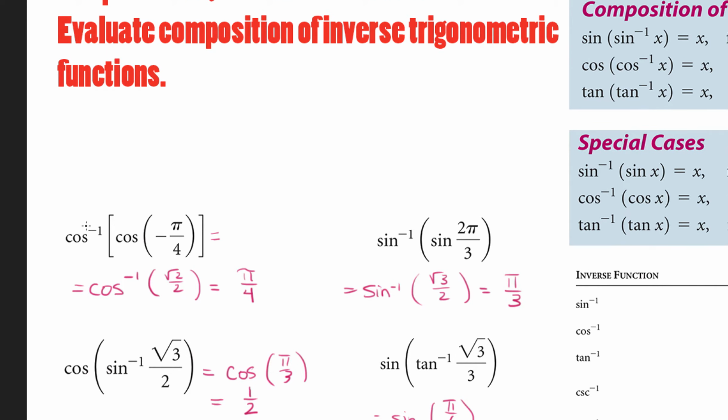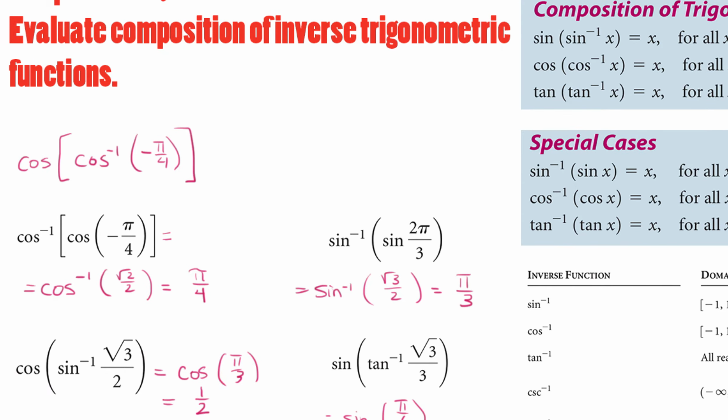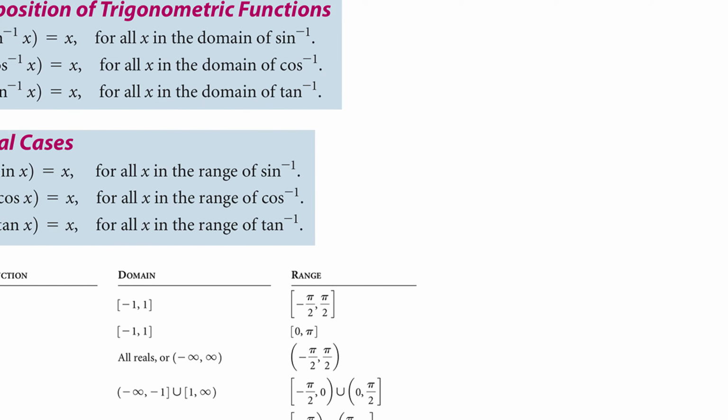Could we reverse these orders and get an answer? Well, let's see. Cosine of cosine inverse of negative pi over 4. In order to solve this, we need to verify that negative pi over 4 is in the domain of cosine inverse. What is the domain of cosine inverse?